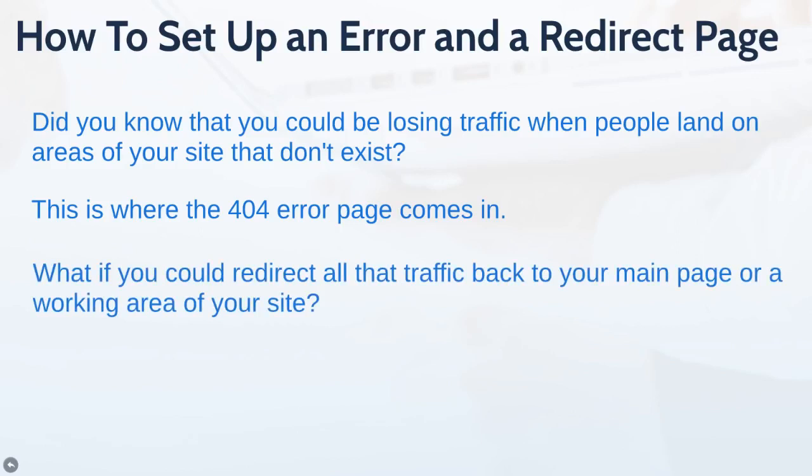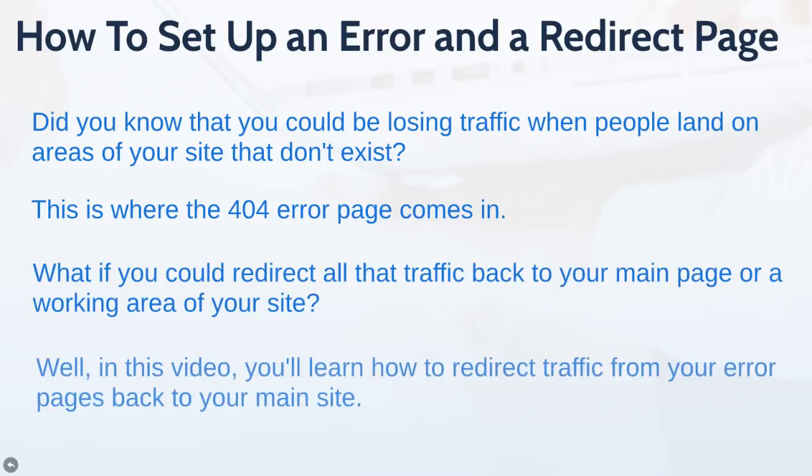So in other words, what if you could redirect all that traffic back to either the main page or a working area of your website? Well, that's what you can do, and in this video we're going to show you how to create that 404 error page. And we'll talk about the other types of error pages as well.